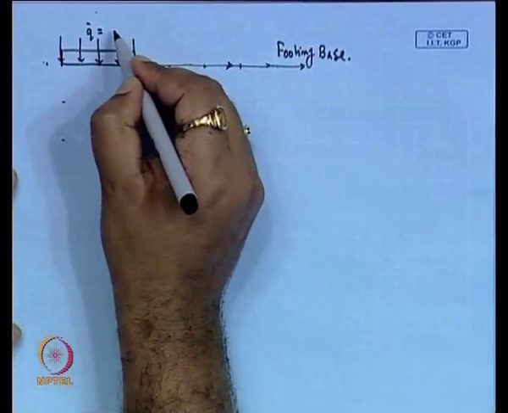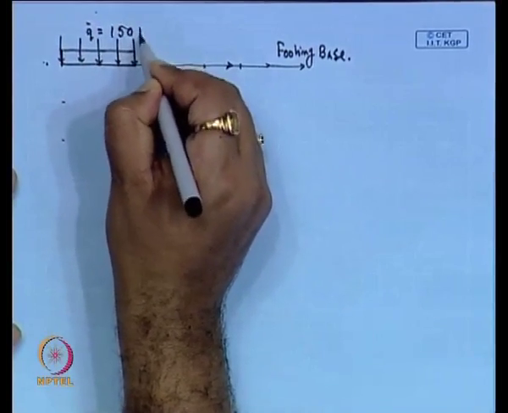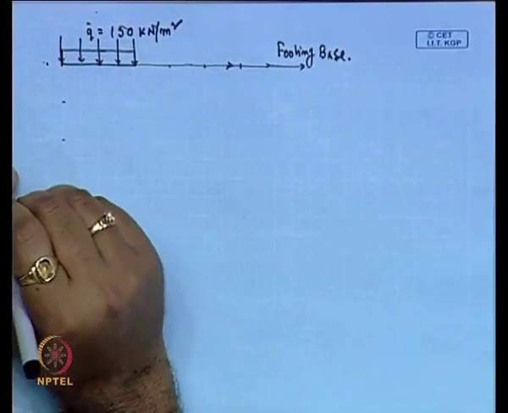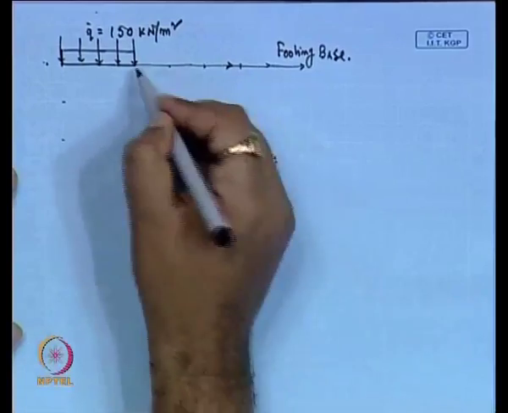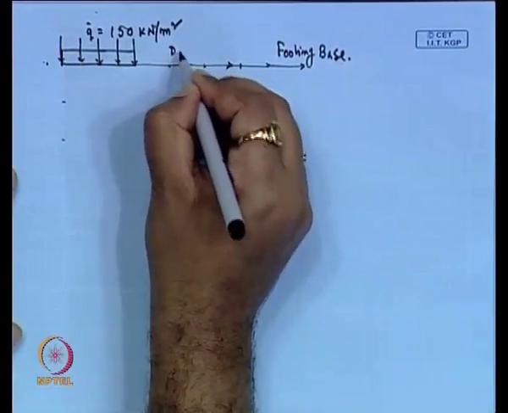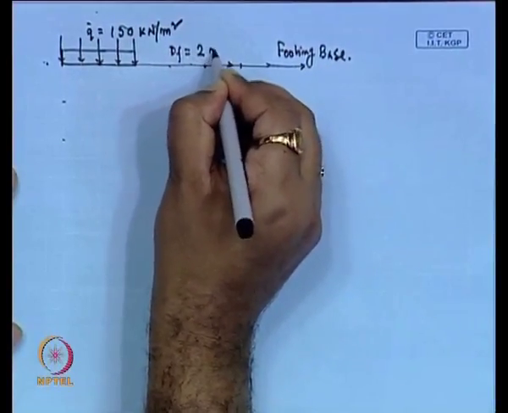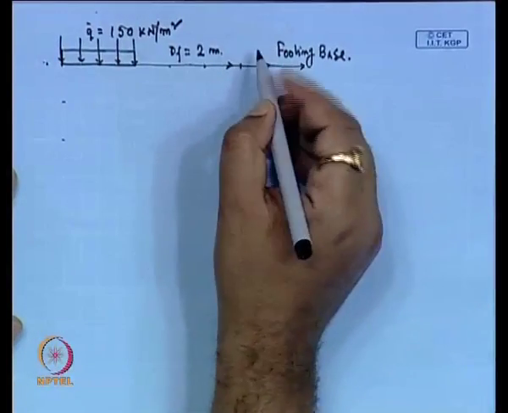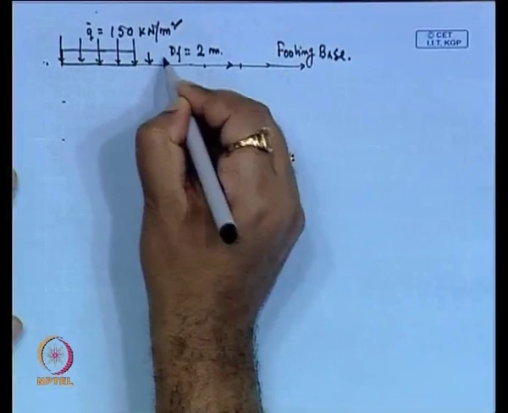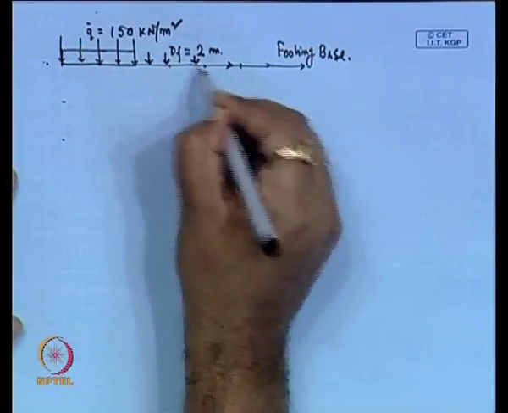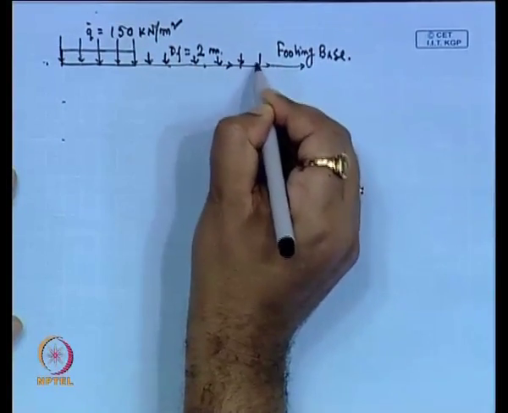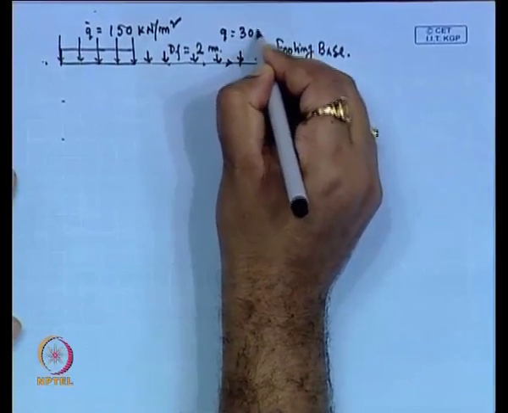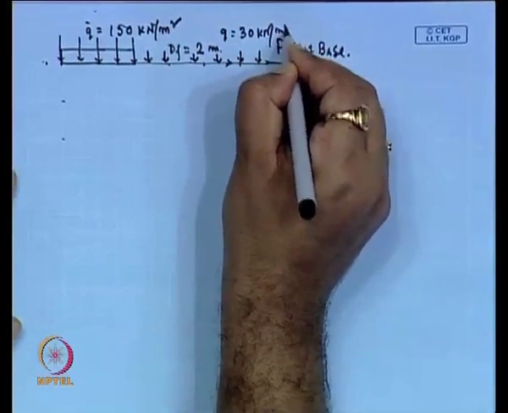So, the intensity, suppose this is 150 kilonewton per meter square, and this depth of the footing is 2 meter, and due to this 2 meter soil, the intensity of the load that is coming at this point, that means q is 30 kilonewton per meter square.